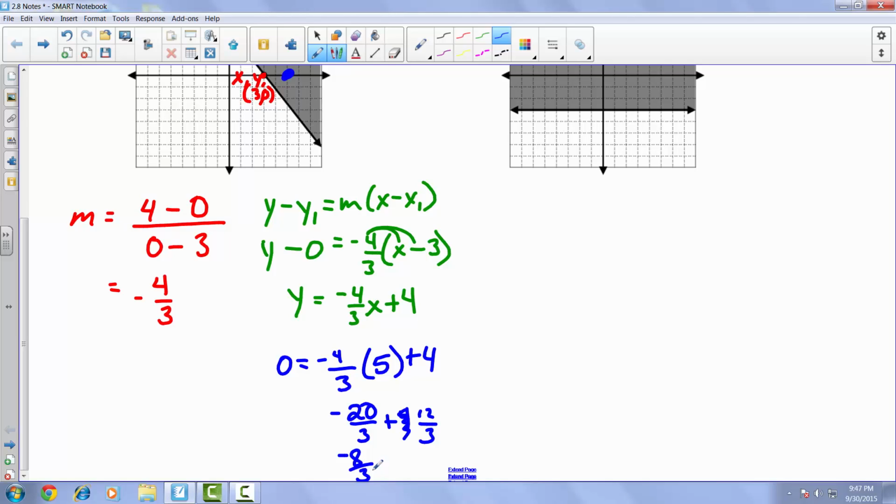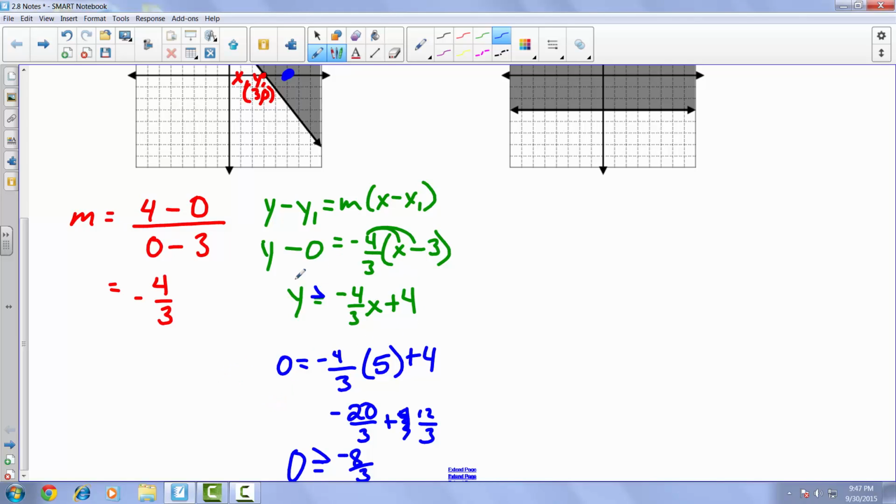Now the entire reason why we plugged these in is, see how we have 0 on the left side and negative 8 over 3 when we plugged in that x value? Well, in order for this statement to be true, our inequality would have to face this way. So from our original equation, our inequality would have to face that way.